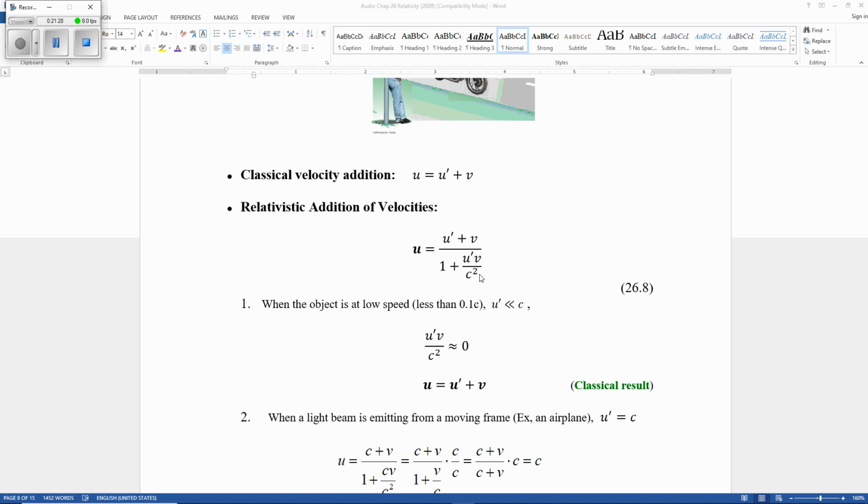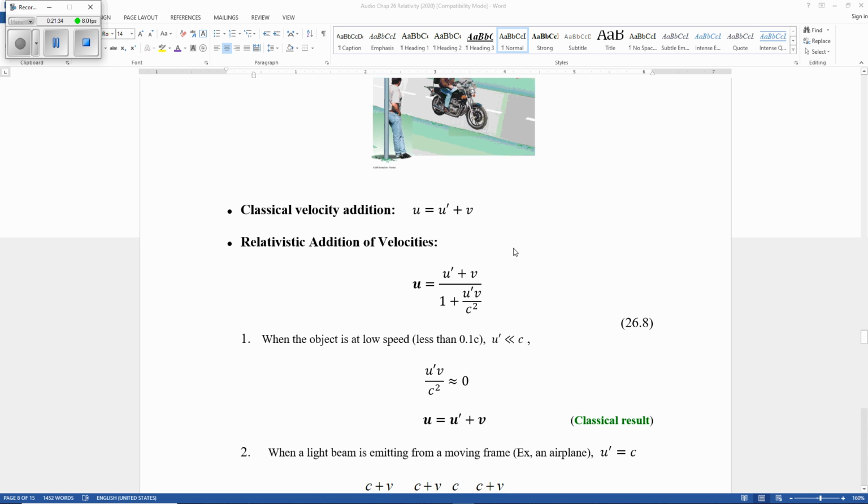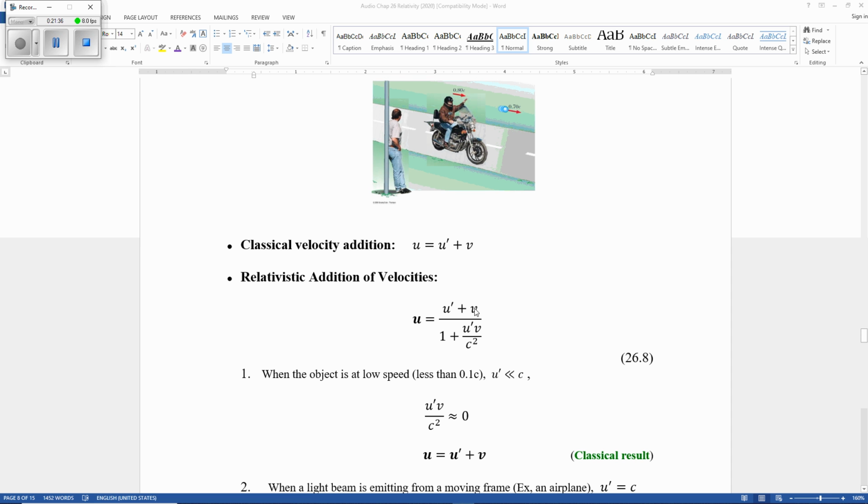Again, let's look at the example. V is the speed of the moving frame relative to Earth. U prime is the speed of the object relative to the moving frame, like the baseball relative to the vehicle.